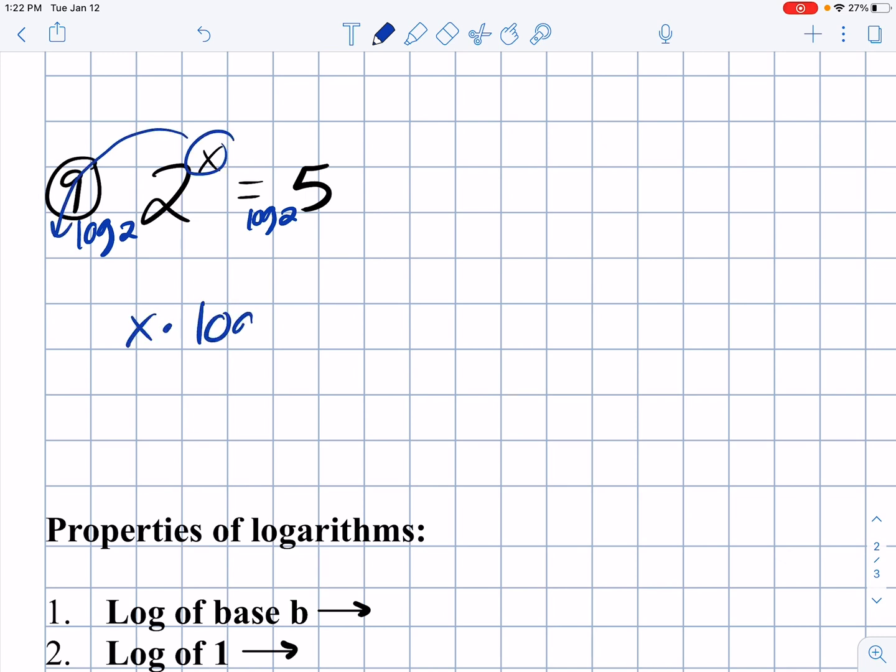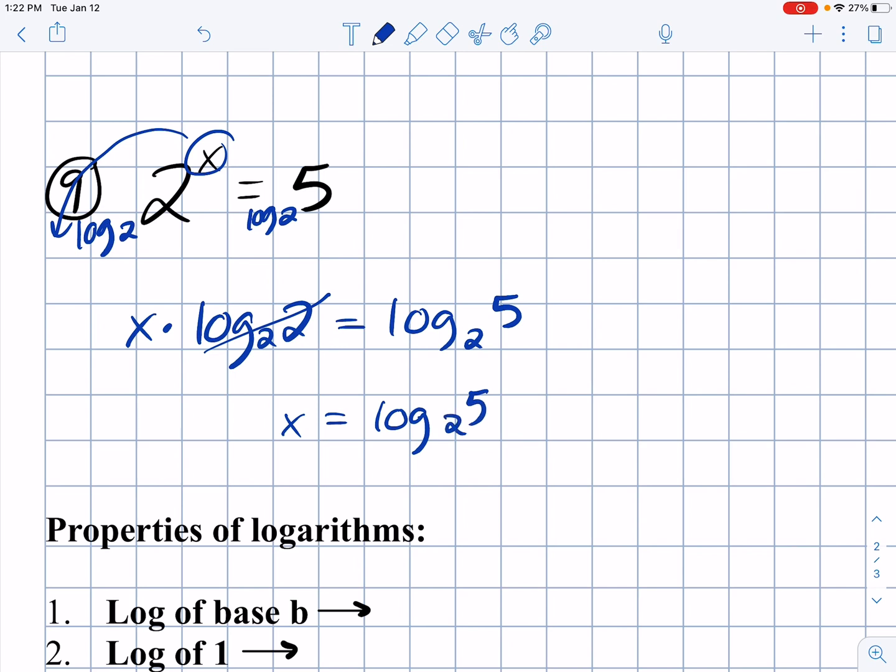X times the log of 2 base 2 equals, you have to do the same to both sides. Can't do something to one side and not the other. Log of 2 base 2 is just 1, so we're left with x equals the log of 5 base 2.